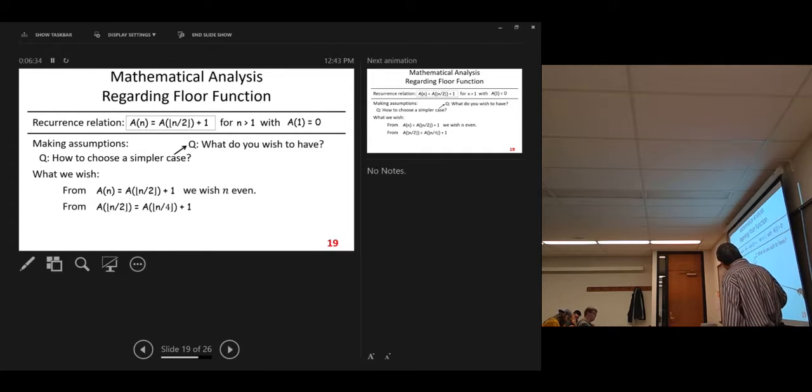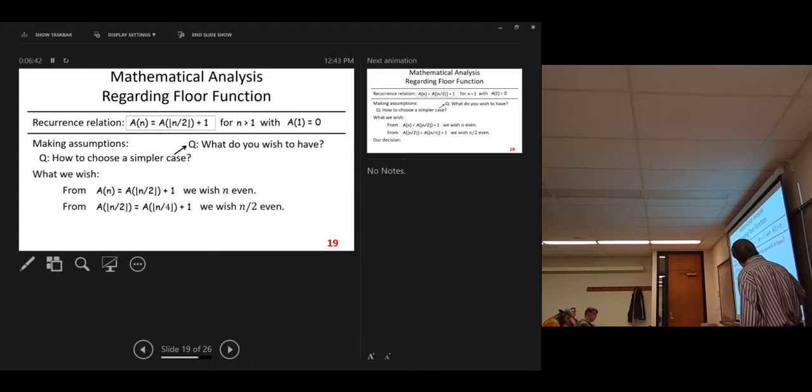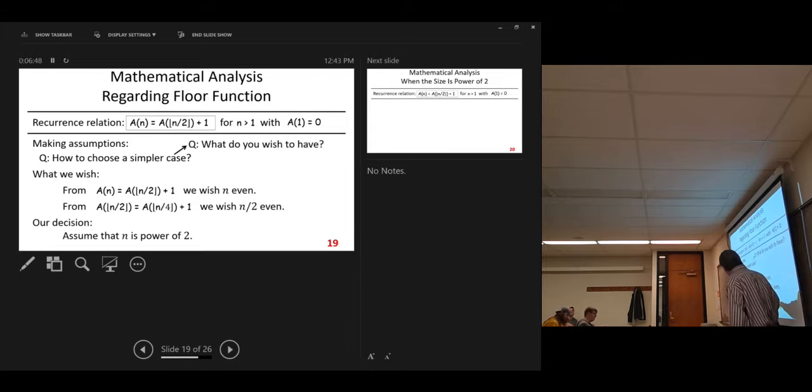Let's go another step. From this equation, in order to make it simpler, we wish n over 2 to be even, and so on. We keep going until, at the end, we have the relatively simplest case: n a power of 2. That's the simplest.